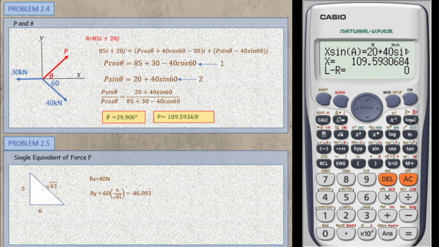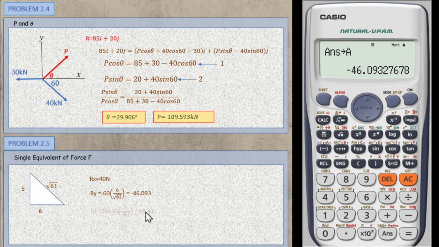So it is negative 60 cosine theta, where cosine theta is adjacent side over hypotenuse, so it is 6 over square root of 61. So there, the summation of y components, we only have the 60 Newton for that. So by just computing, we have negative 60 times the quantity 6 over square root of 61. So there we have negative 46.093.